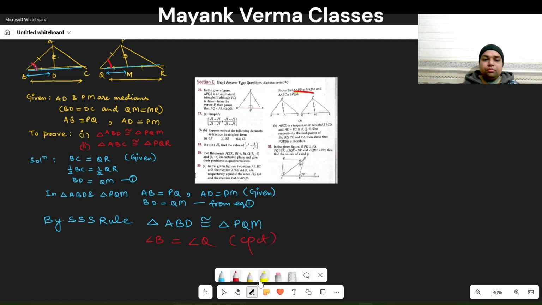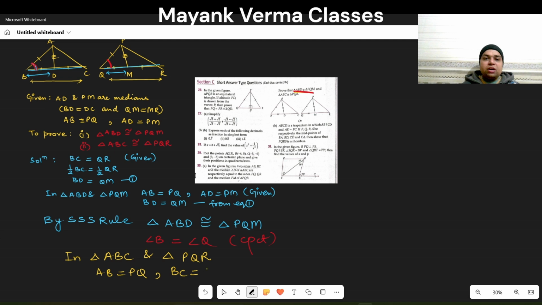Now in the second part, in triangle ABC and triangle PQR, we already know that AB is equals to PQ, and this BC is equals to QR. These two things are given to us.